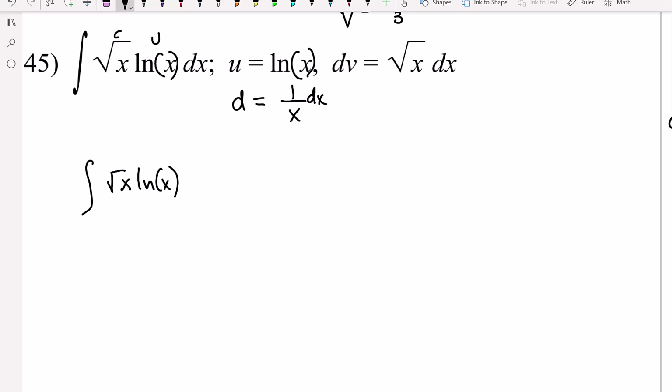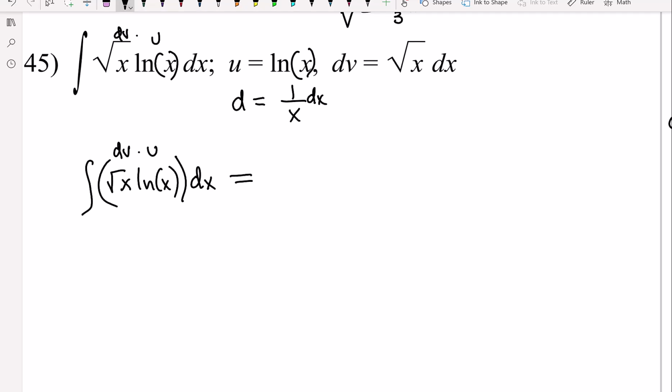This is the u, this is the dv, but sometimes this order makes more sense, so don't get too wigged out about that. Remember, 4 times 5 means the same thing as 5 times 4. So u times dv is the same thing as dv times u, which is what we have right here.